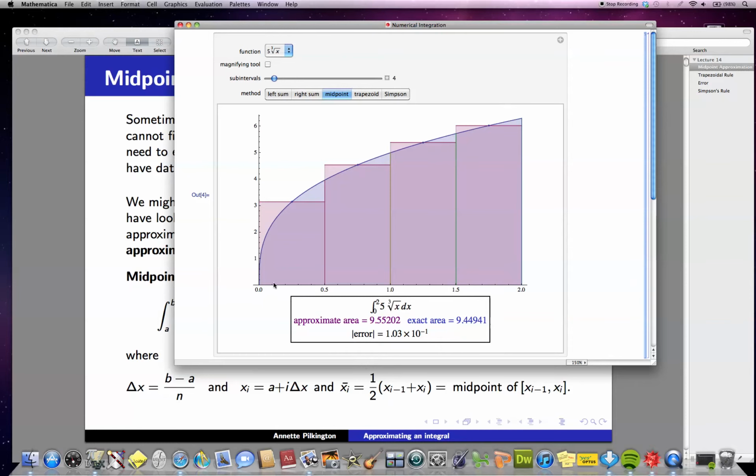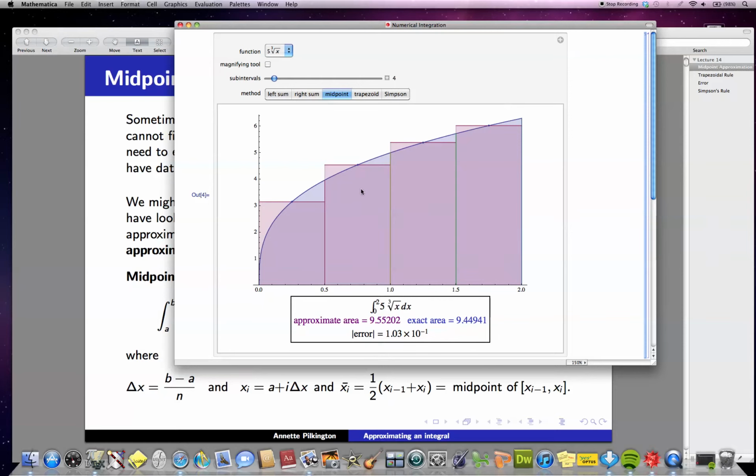So each one has length 1/2, and then I construct a rectangle above each subinterval, and the height of that rectangle is the value of the function at the midpoint of the subinterval. And the midpoint is the sum of the two endpoints of the subinterval over 2, and then to get the height of this rectangle, I evaluate f at that point.